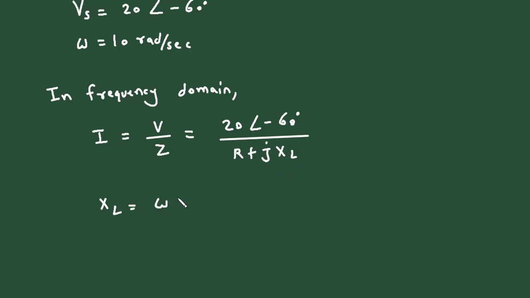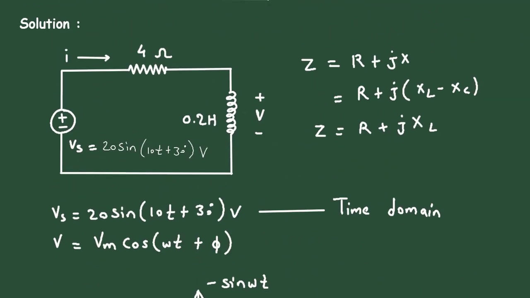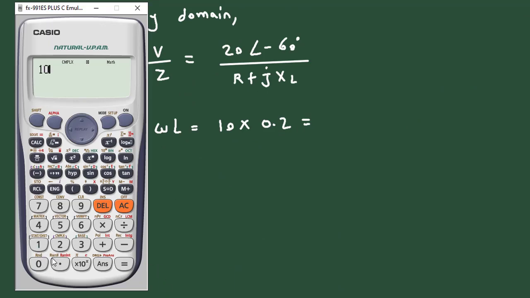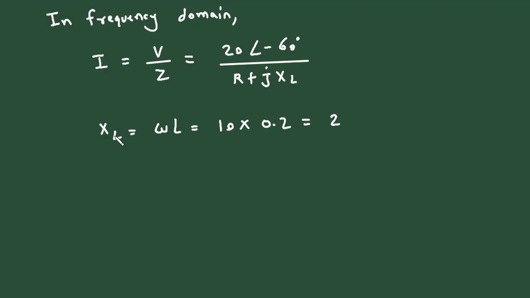XL is equal to omega L. The value of omega is 10 and the value of L, that is inductance, is 0.2 Henry. So this will be 10 multiplied with 0.2. So it is 2, and since it is inductive reactance, its unit will be ohm.